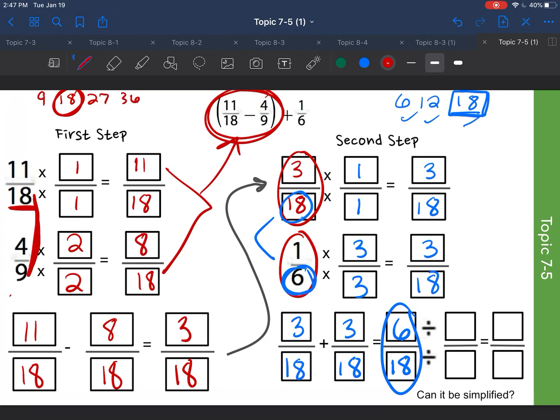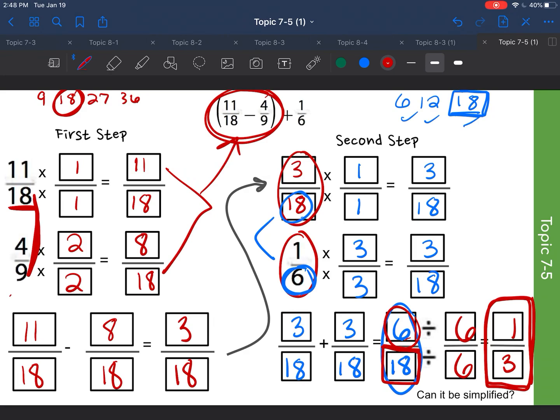That's the greatest common factor. Well, look at your rules. Can 6 go into 18? Yes. And if that's the case, divide by the numerator, which is 6. So 6 divided by 6 is 1. 18 divided by 6 is 3. So your final answer, simplified and everything, is 1/3.